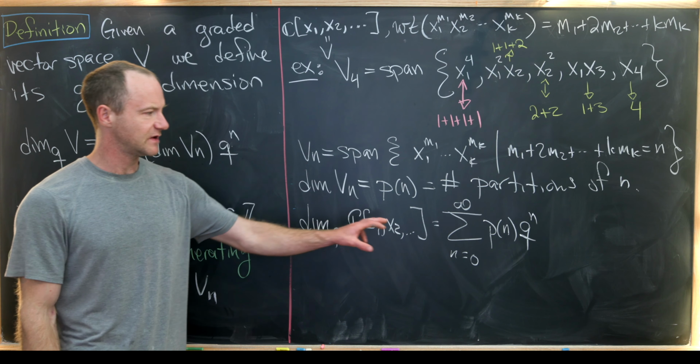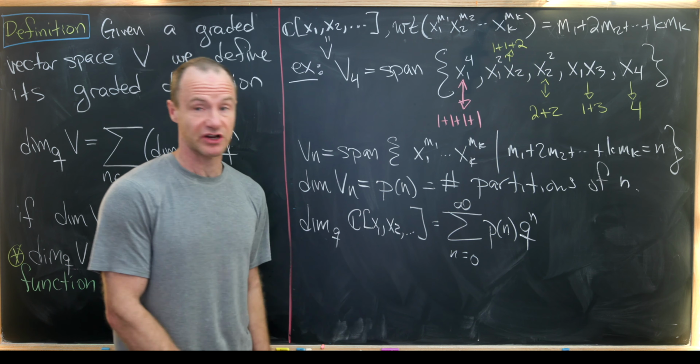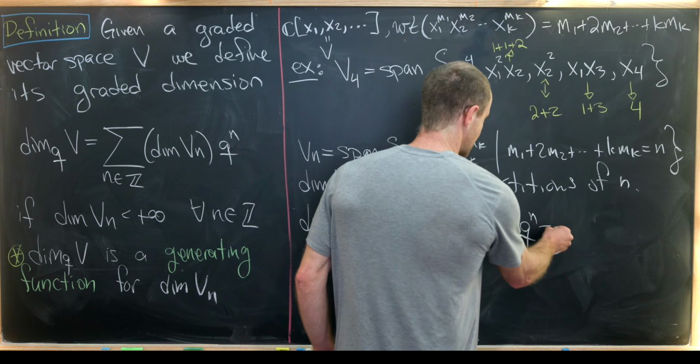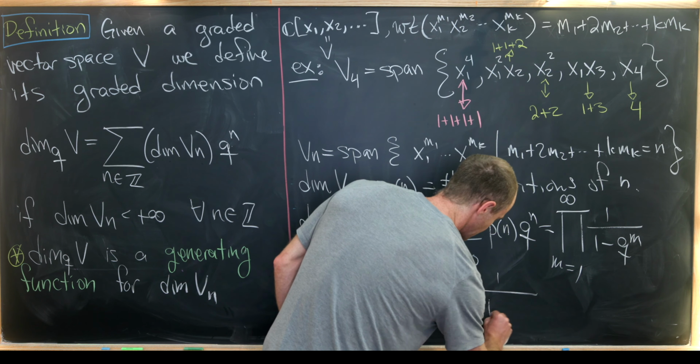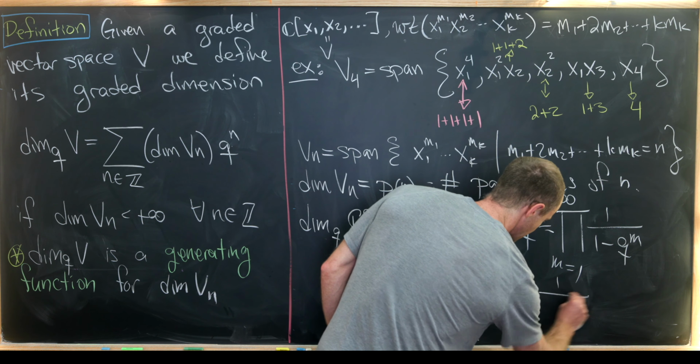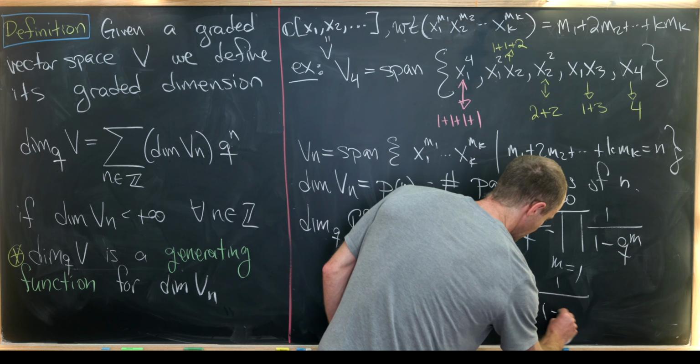And in some previous videos, we calculated this generating function, and it turns out to be this nice infinite product. It's the product as m goes from 1 to infinity of 1 over 1 minus q to the m. We could write that out as 1 over 1 minus q times 1 over 1 minus q squared times 1 over 1 minus q cubed, and so on and so forth.